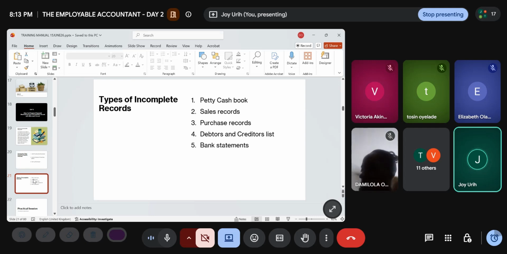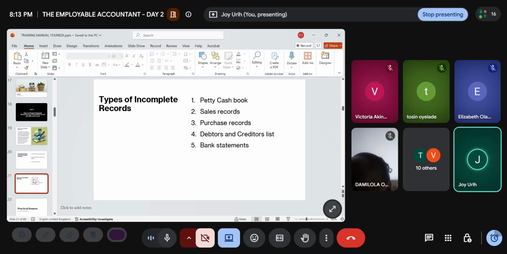Then another incomplete record that companies keep, I'm talking about real life now, is the bank statement. We've seen that most companies, whenever they are making any transaction from their bank, always put a narration. Most times it's for the accountant or whoever they give to prepare their financial statements, to be able to know what every transaction was made for.